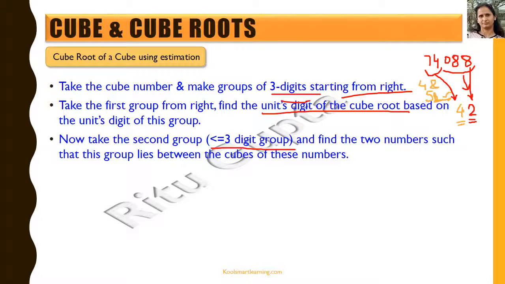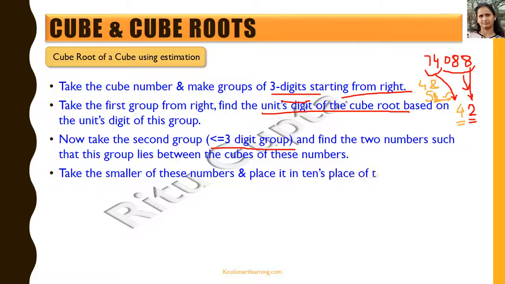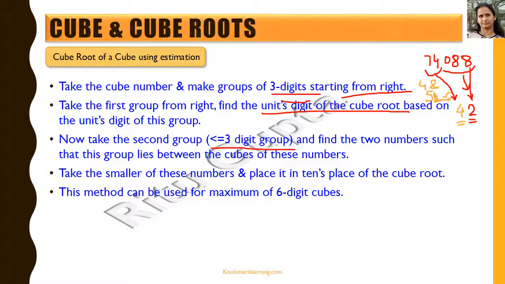That is how we get the cube root of this given number. As we just said, we take the smaller of the two. This method can be used for a maximum of 6-digit cubes.